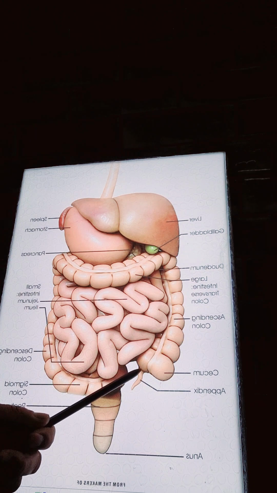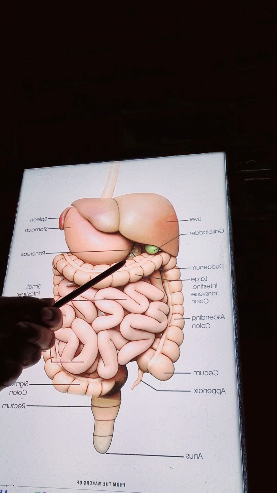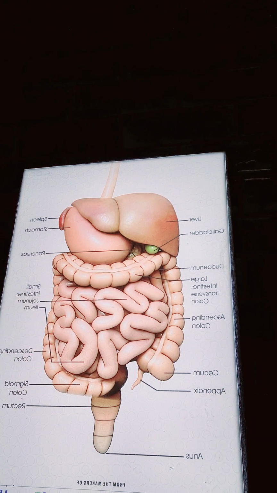In this non-toxic megacolon, the patient will complain of distension in the right flank. There is fullness of the right flank, there is discomfort in the right flank. Then the patient will complain of not passing gas.